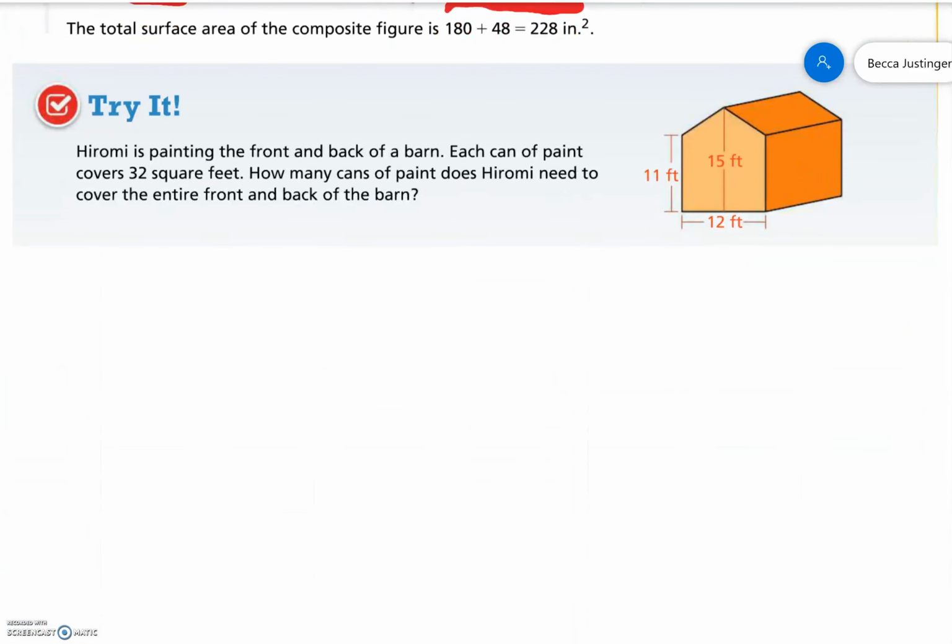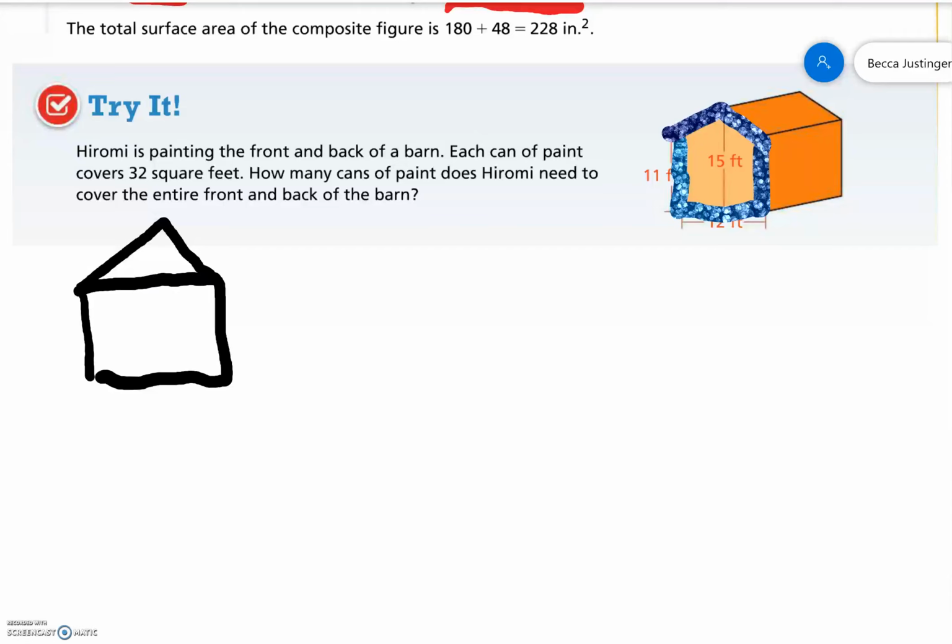Let's try it. Hiromi is painting the front and back of a barn. Each can of paint covers 32 square feet. How many cans of paint does Hiromi need to cover the entire front and back of the barn? So he just wants the front and the back. The front and the back is a shape like this. So let's break that shape down.